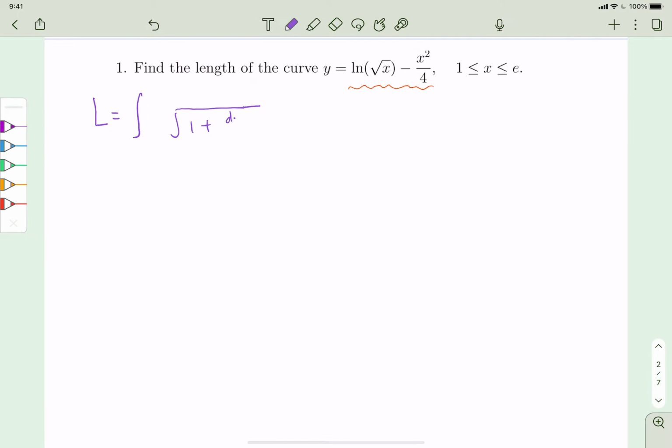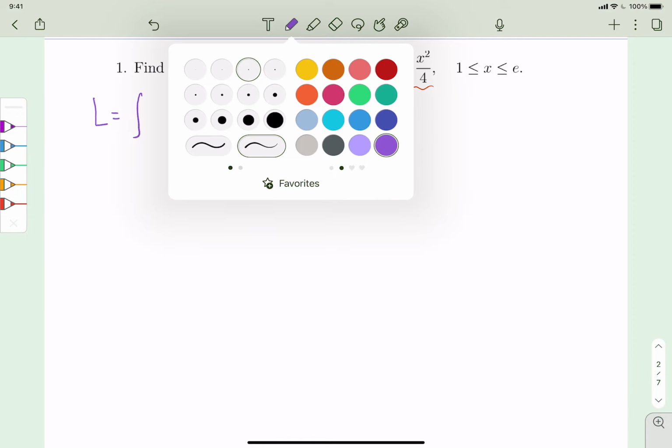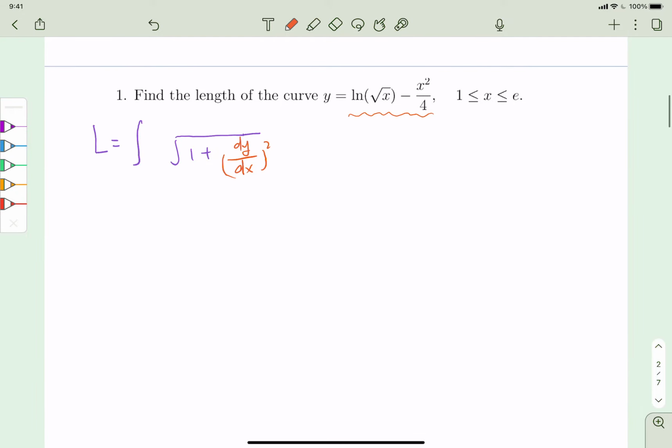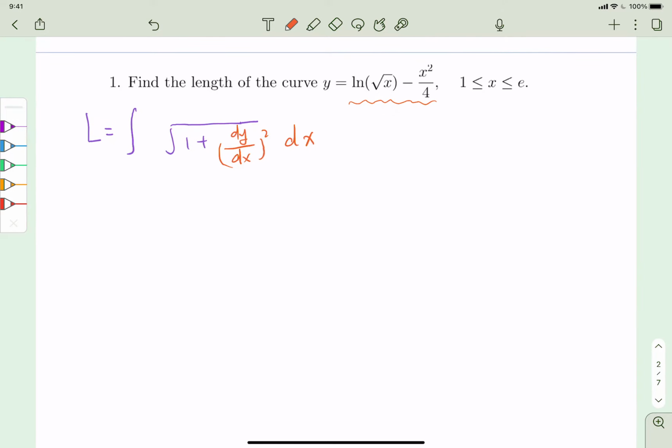So we use dy over dx here, squared. And because of that, we also need to write dx, because the integration is in terms of x. And my bounds should be the x bounds, so it's from 1 to e.